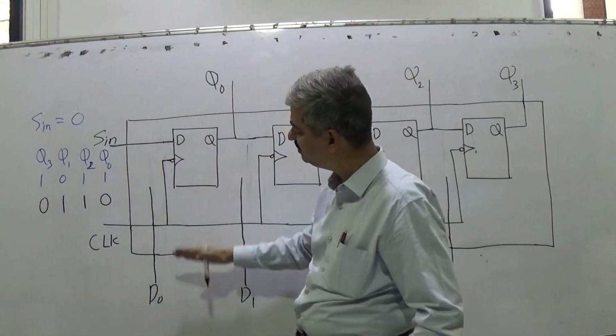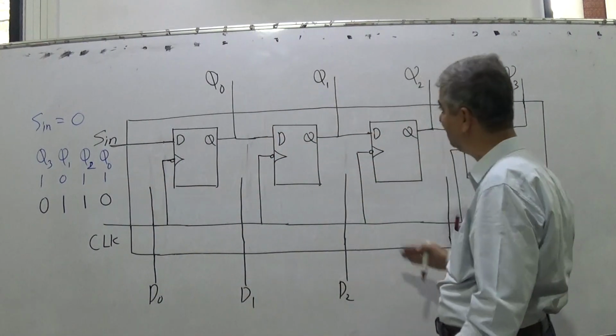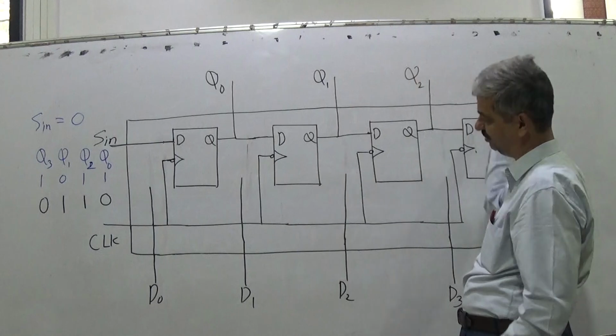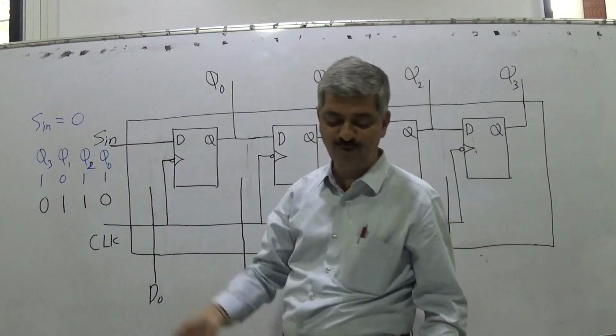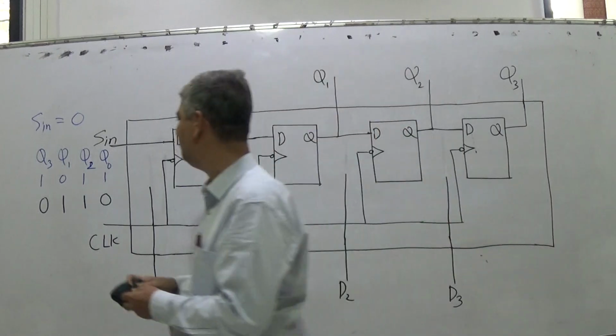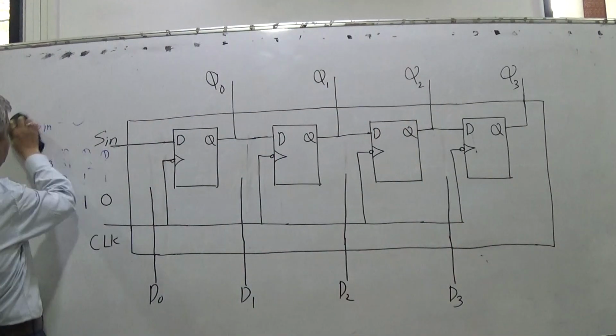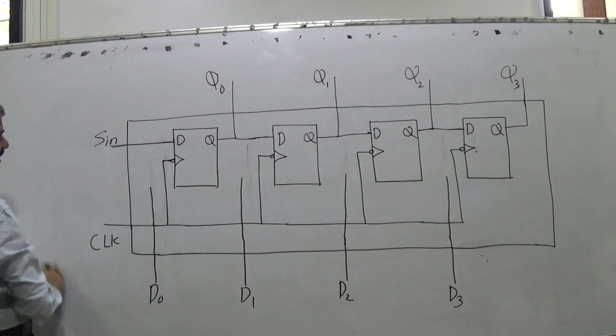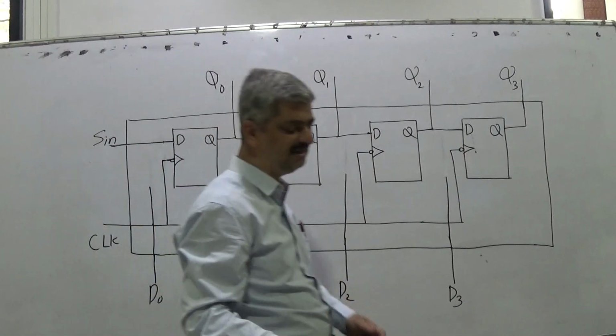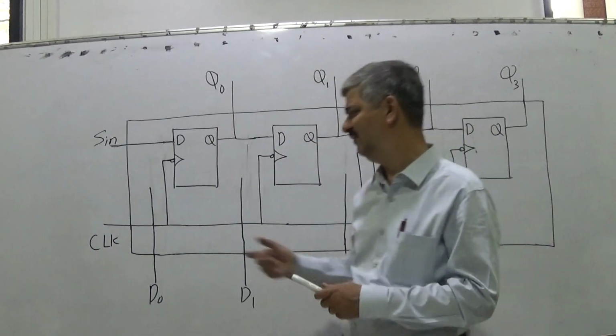When your clock comes, D0, D1, D2, D3 get transferred to Q0, Q1, Q2, Q3. That was one case, and now I have shown you a separate case. Now both of these cases can be combined by a simple additional circuitry, a multiplexer, that will be covered in the next part, but right now I will show it very easily.